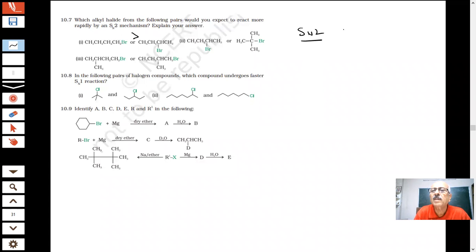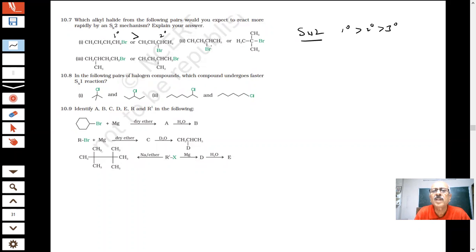You answer according to that. 1 degree is more than 2 degree, more than 3 degree. Then what is this carbon? 1 degree. And what is this carbon? 2 degree. Then this is faster than this because this carbon is 1 degree and this carbon is 2 degree.